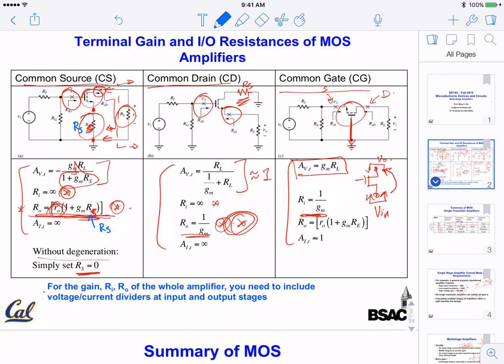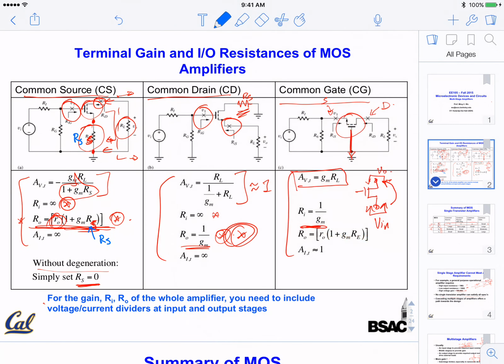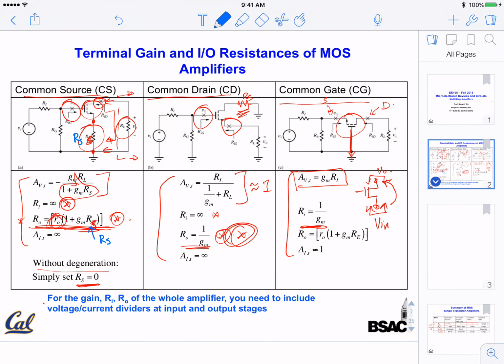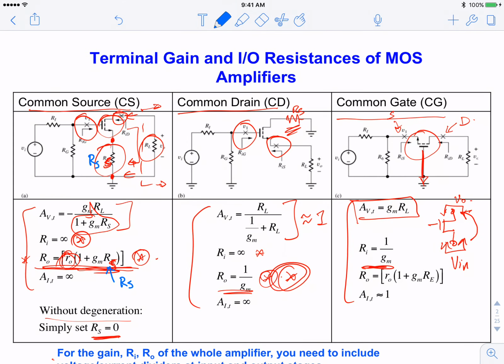Let me add a page here. Okay. So this is a universal way of looking at this. This is primarily for your intuition.